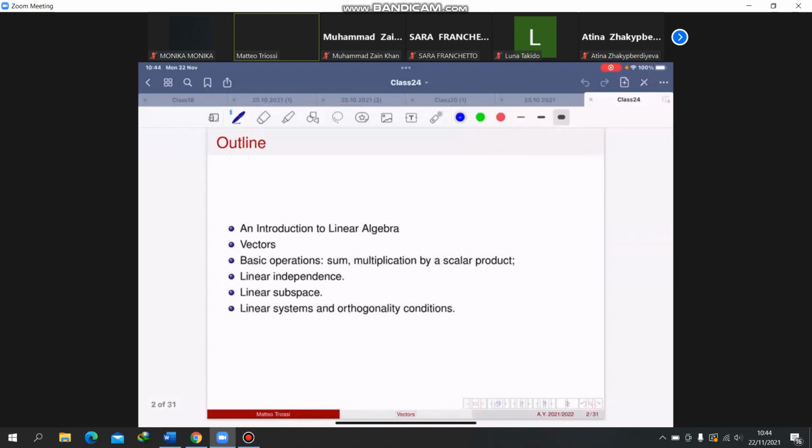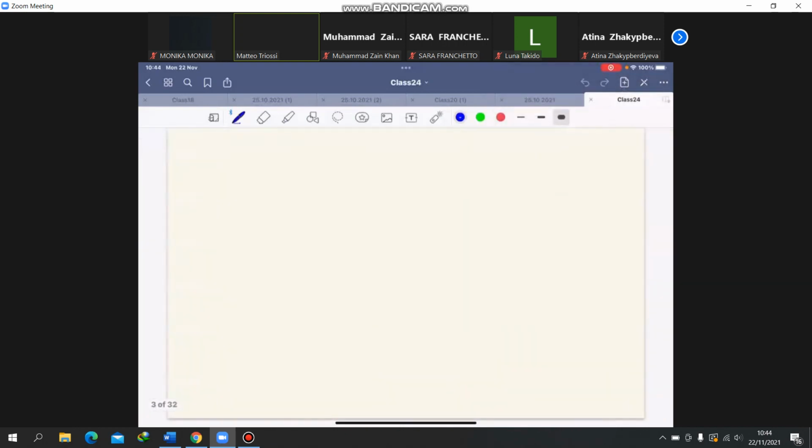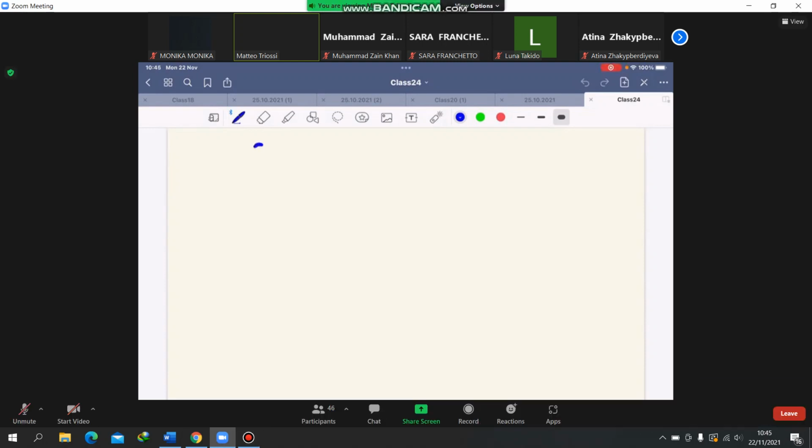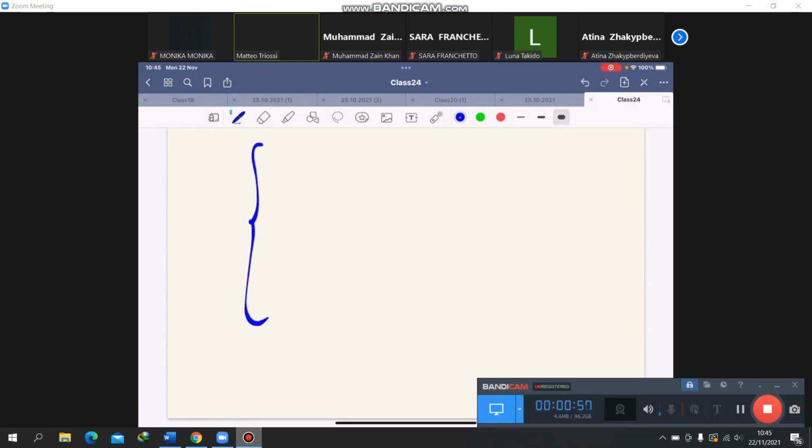So the usual way to see linear algebra, at least for management science, is to provide tools to solve this kind of problem.